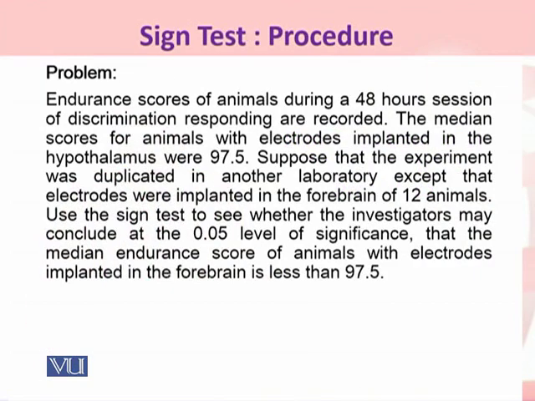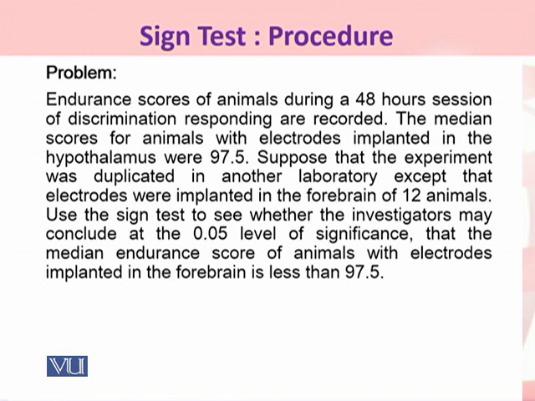So I will be taking a problem and we will be learning in this module how to tackle that problem under SPSS and what procedure we will use for applying the sign test. So let me read the problem for you.